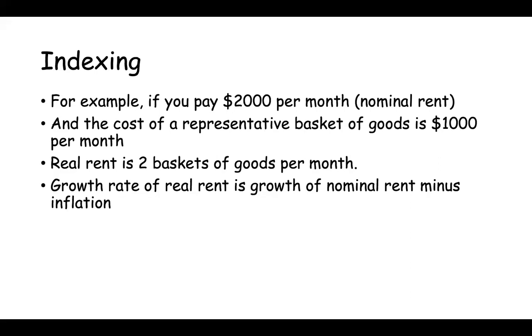And before that, BC had a law by which you were allowed to index rent. So if inflation was 2%, you could increase rent by 2%. If it was 3%, you could increase by 3%. And then, I think it was in 2018 or 2019, the law was changed. And then it was only allowed to increase rent by 2% per year.